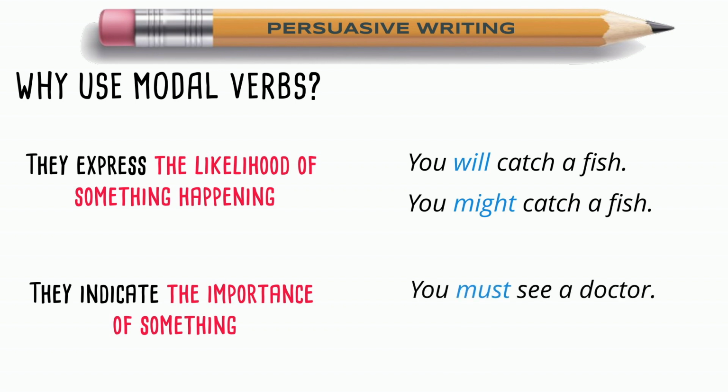You must see a doctor. You could see a doctor. Must indicates that seeing a doctor is very important. Could suggests that it's not so important. So the modal verbs we use completely change how the sentence is interpreted.